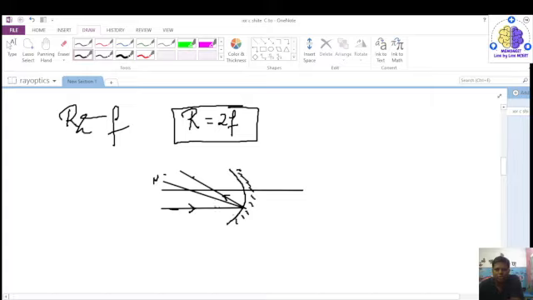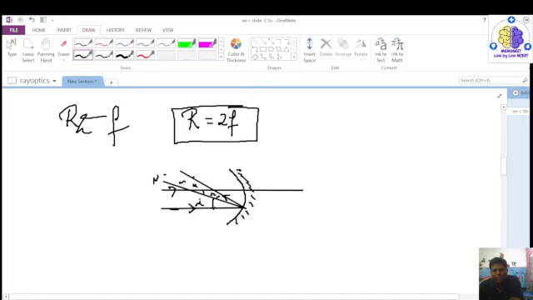So if this is the normal, this is your angle of incidence, and this is your angle of reflection, right? Let this angle be equal to alpha. What we can see here is that this incident ray and the principal axis are parallel to each other, and the normal acts as the transversal. Now, since the normal acts as the transversal, angle of incidence and alpha become equal.